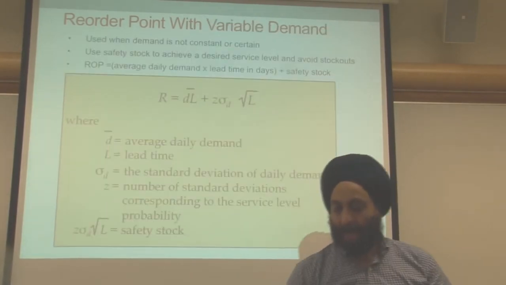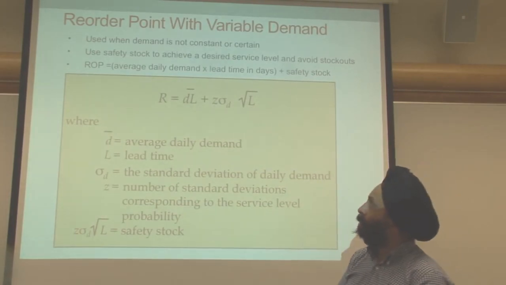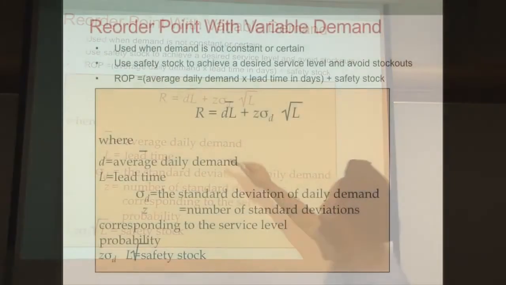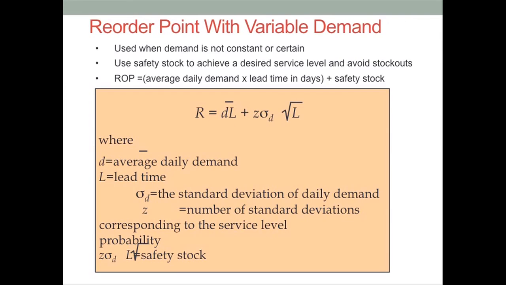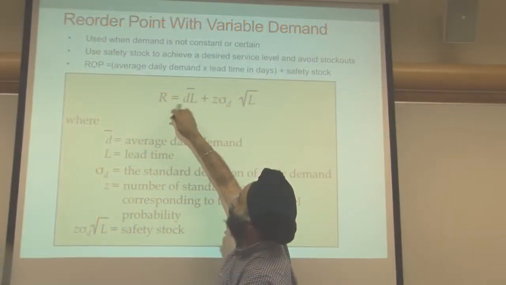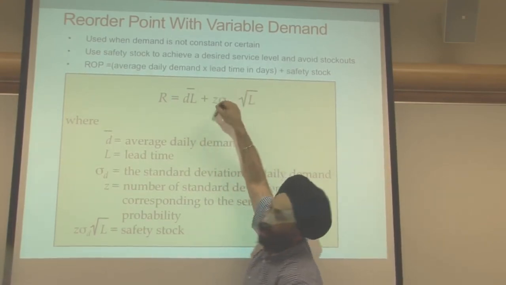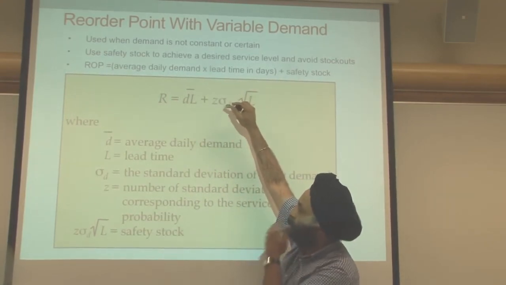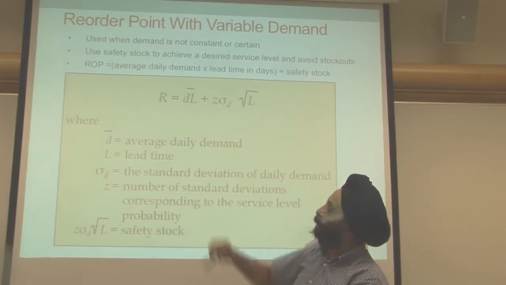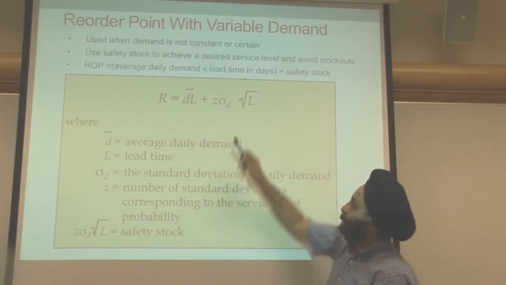In that case, the calculation for the reorder point with safety stock is the anticipated demand during lead time that we calculated earlier when the demand is constant, plus the safety stock, which is based on a certain service level. That's why we use Z times the standard deviation.